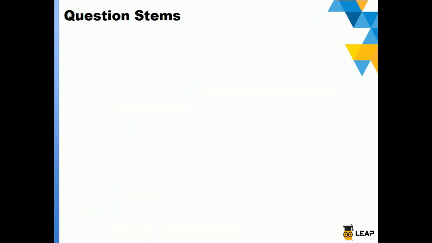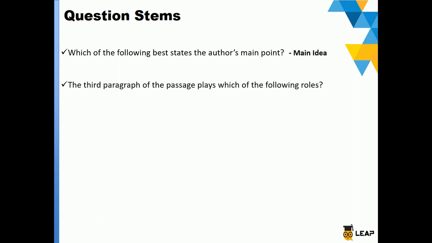Right, now let me show you the question stems one by one. Like I've already shown you, that is a main idea question stem where you are being asked for the author's main point. Something like this is a structure-based question where you're asked what the purpose of a particular part of the passage is. So the third paragraph of the passage is a clear structural indication, right?